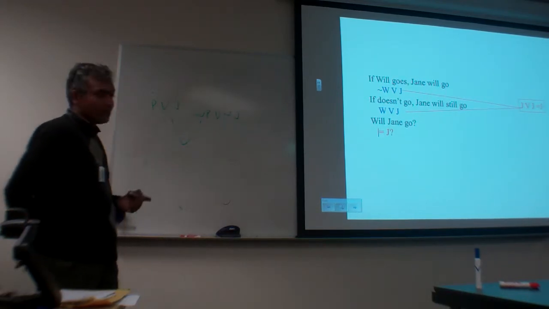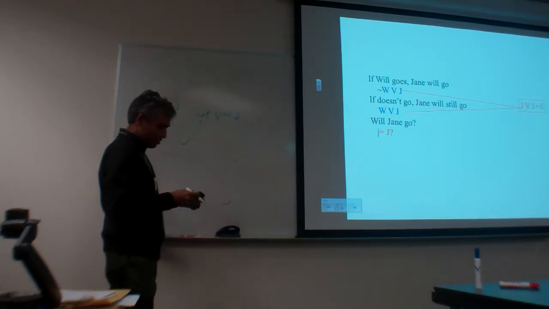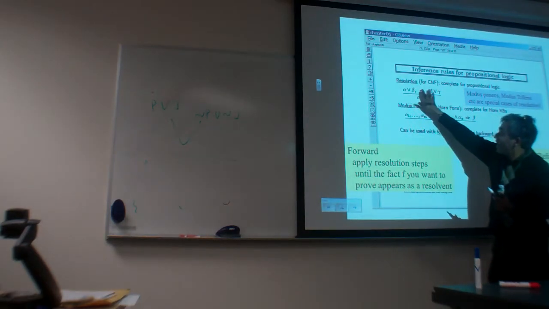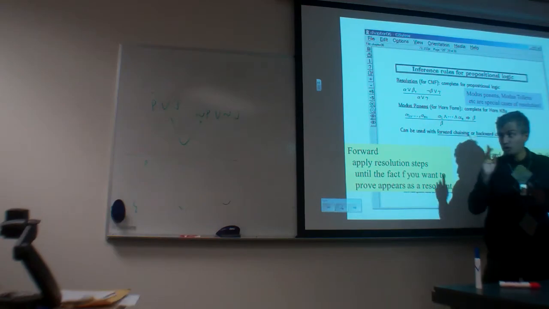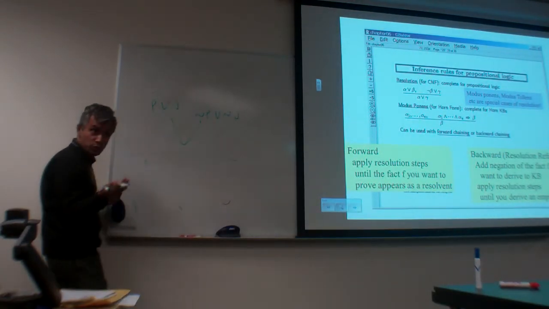Okay, the reason you are saying empty clause is because you say, oh, there's a P or J and there's a not P or not J. But remember what the resolution said. It only said you pick a literal and a negation of that literal, and only those go away. So you choose which one you are going to resolve on. In this particular case, you can resolve it in two different ways.